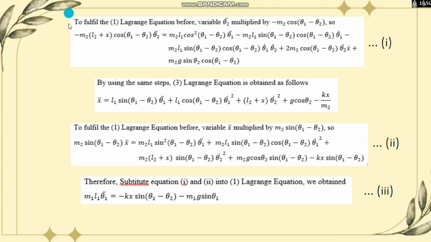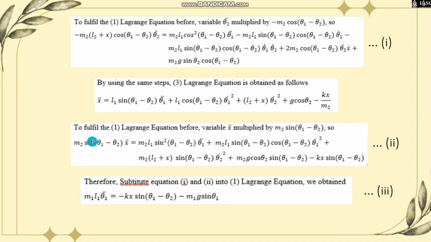To fulfill the first Lagrange equation from before, the variable theta 2 double dot is multiplied by m2 cos of theta 1 minus theta 2, so it will become this equation. By using the same steps, the third Lagrange equation is obtained as follows: x double dot is equal to this equation.